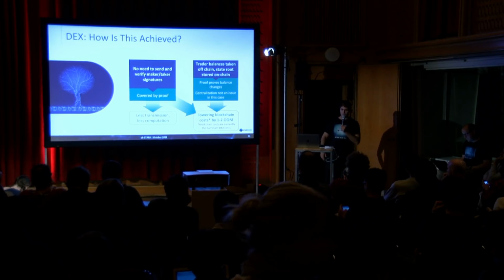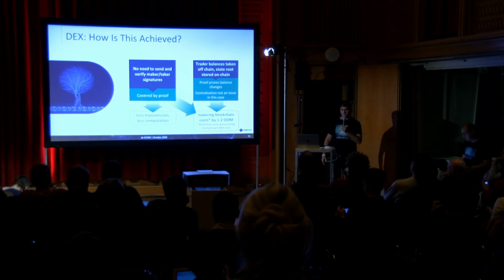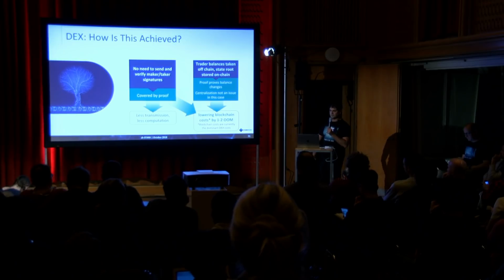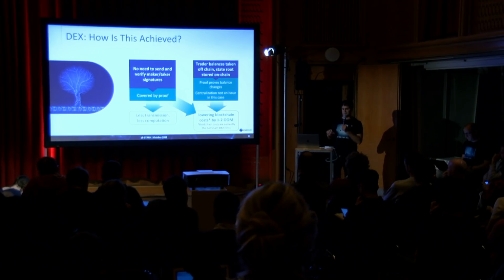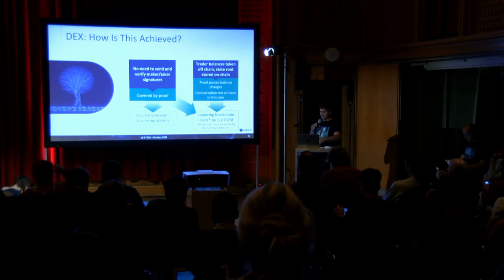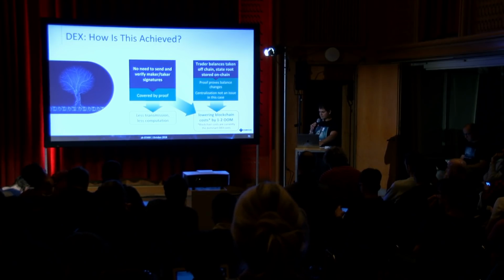Instead, you can do it in the same way that I described before, and just prove every time there is a trade that you update this state correctly. And so this can give 1 to 2 orders of magnitude improvement on the DEX cost.